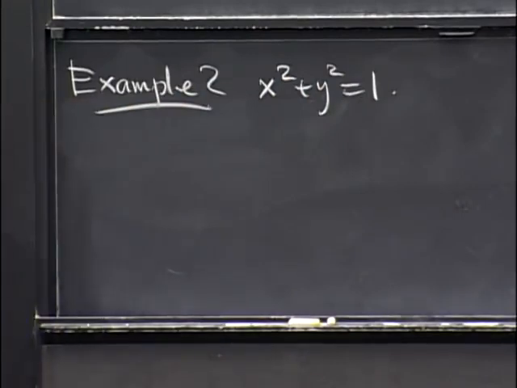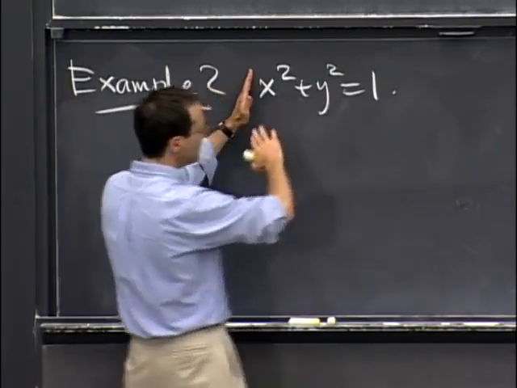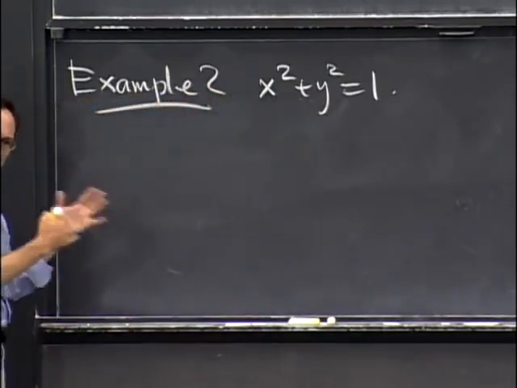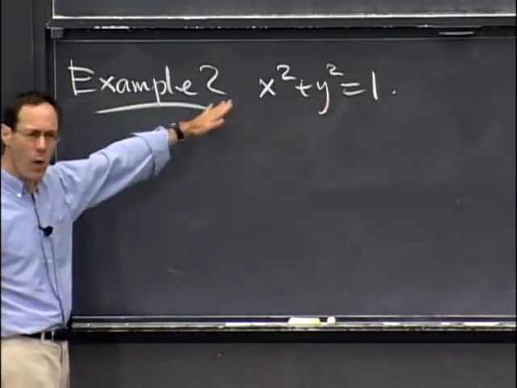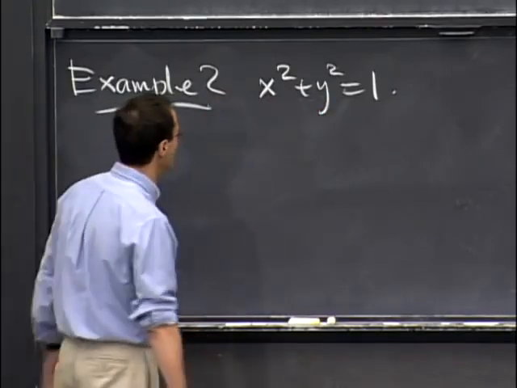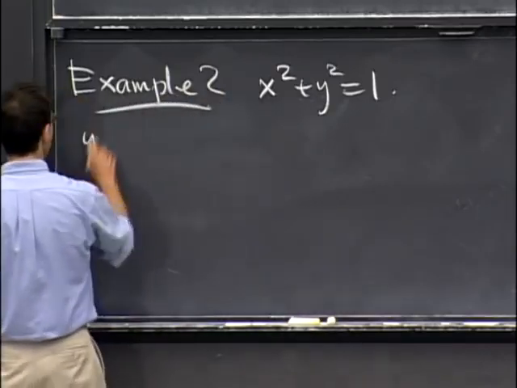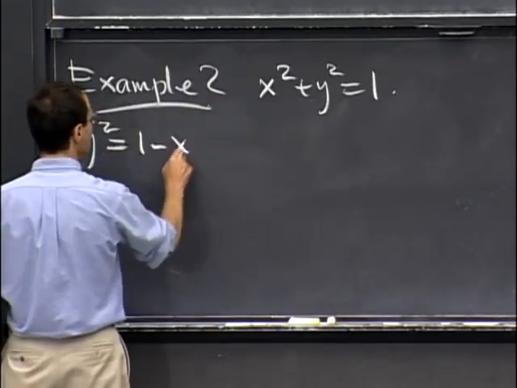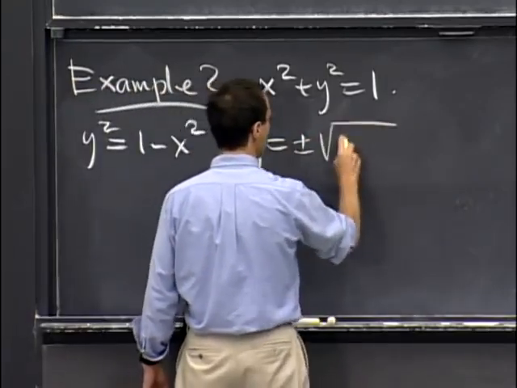Well, that's not really a function. This, again, is a way of defining y as a function of x implicitly. There's the idea that I could solve for y if I wanted to. And indeed, let's do that. If you solve for y here, you get y squared is equal to 1 minus x squared, and y is equal to plus or minus the square root of 1 minus x squared.